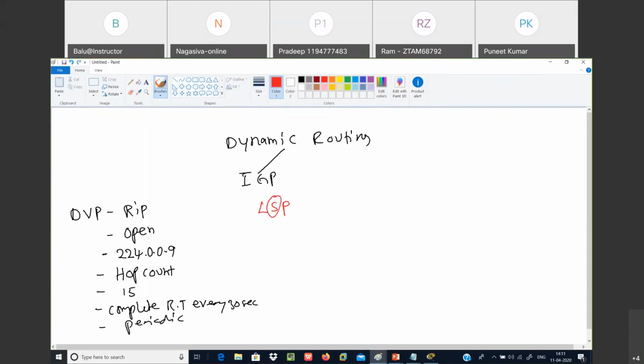State is nothing but what? Status of the interface. The link state protocol, the actual protocol, is what? OSPF, Open Shortest Path First. OSPF is also an open standard. And OSPF sends multicast messages by using which IP address, guys? 224.0.0.5.